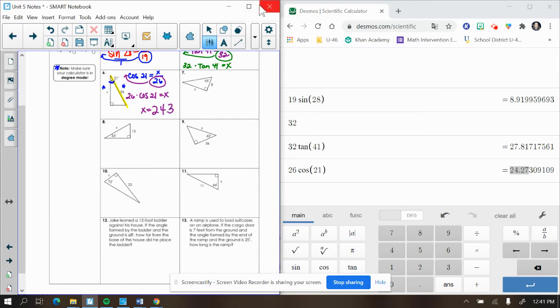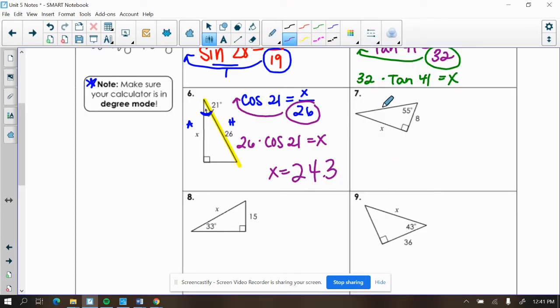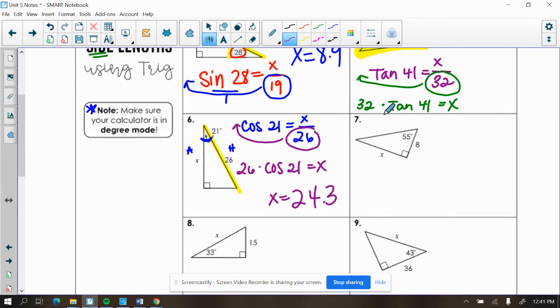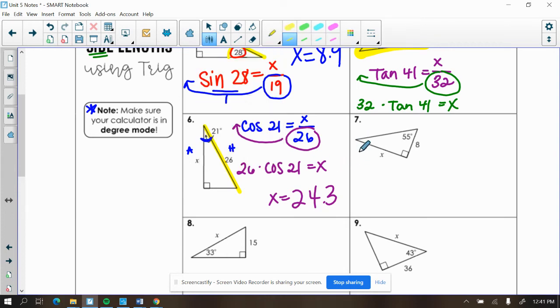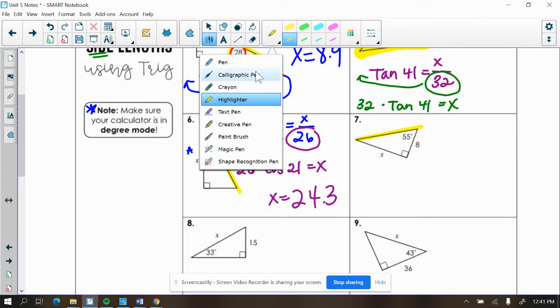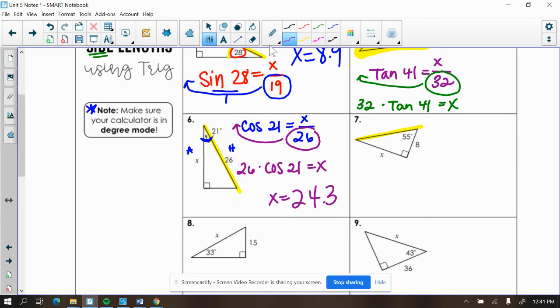All right. Let's see if you can set up the next one, number 7, on your own. So I look immediately for my highlighter to highlight my hypotenuse, and I see, oh, it's not marked. So I automatically know if I'm not dealing with my hypotenuse, I'm going to be using tangent because tangent doesn't use the hypotenuse.